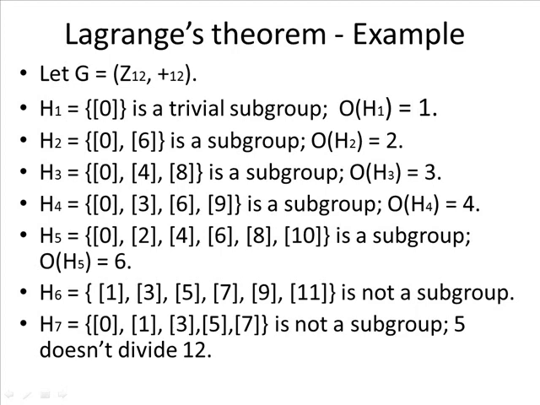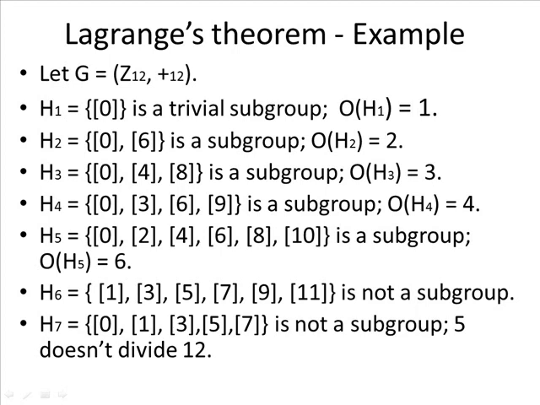The same happens with H4, which has 4 elements, and H5, which has 6 elements. Both H4 and H5 are subgroups, and their orders, namely 4 and 6, are divisors of the order of the actual group, which is 12.